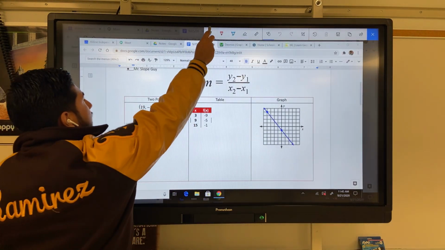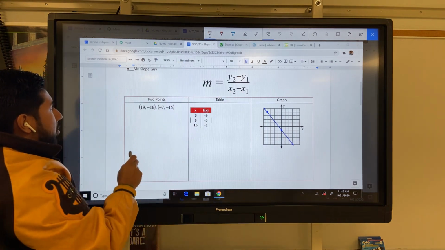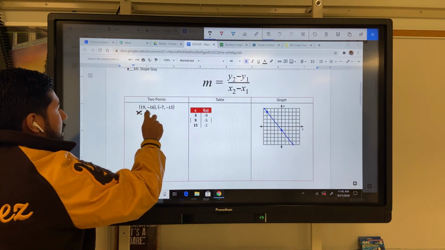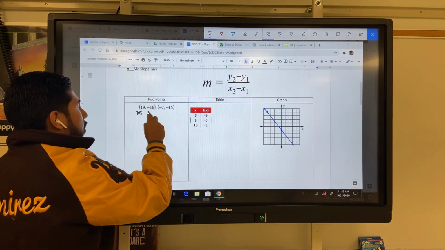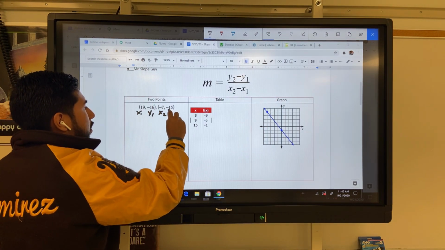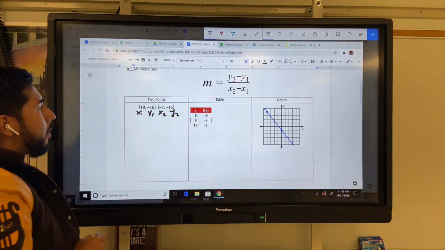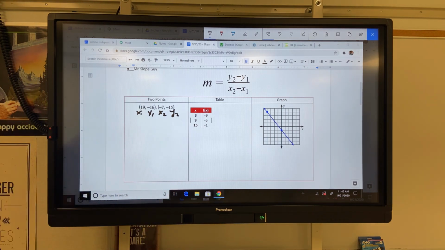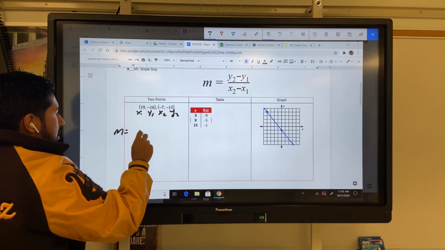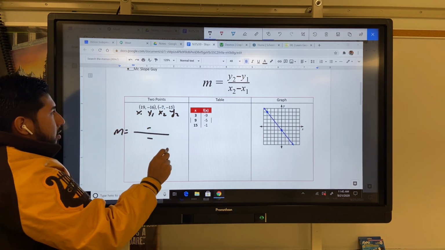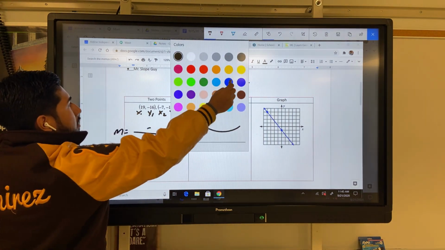Remember, you always want to label your points first. X1, Y1, X2, Y2. Put the formula there for you guys to be able to use it. M equals Y2 minus Y1 over X2 minus X1. Gonna use blue.